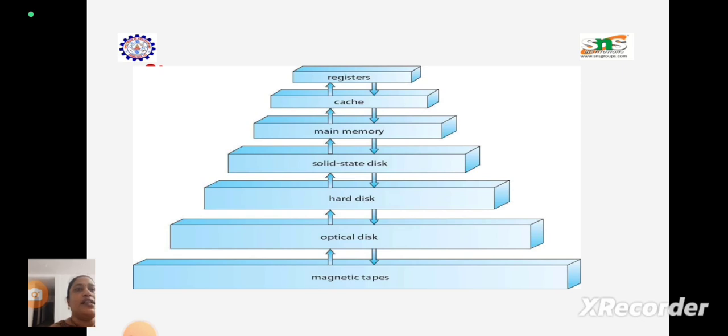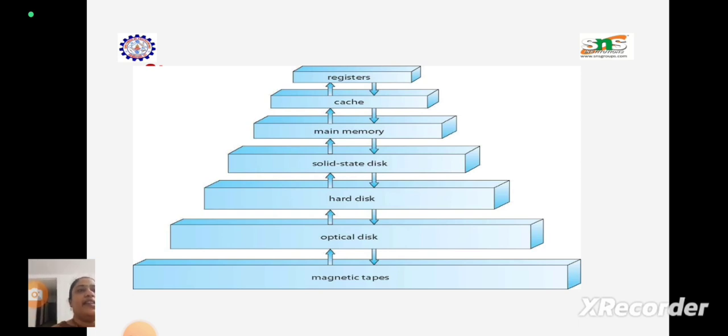If we look at the hierarchy, when you go up, that is, to the top of the hierarchy, it becomes very expensive. They are expensive but fast, and the size also becomes smaller as you go up the hierarchy. This is the biggest size, and as you go up, the size of the devices becomes smaller and smaller, but the access time and cost become higher and higher as we go up the hierarchy.